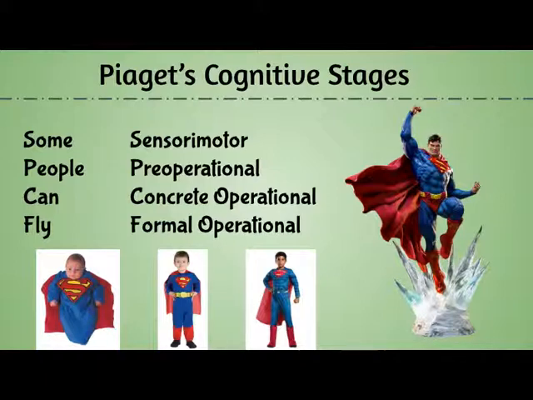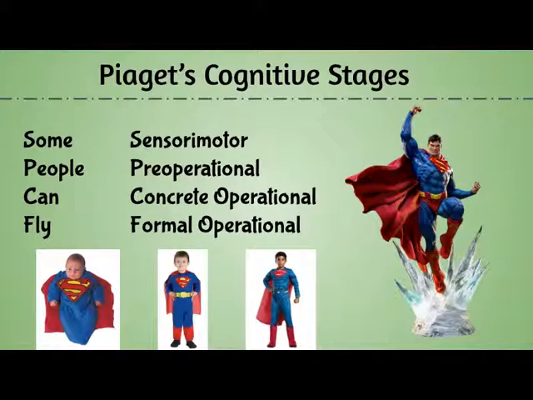Okay, so Piaget's cognitive stages. Some people can fly. If you can picture kids in Superman outfits, and then all the way up through adulthood. Some is sensorimotor, people is preoperational, can is concrete, fly is formal operations. Sensorimotor: I learn through senses, like putting things in my mouth, and motor, I like to put blocks in holes.